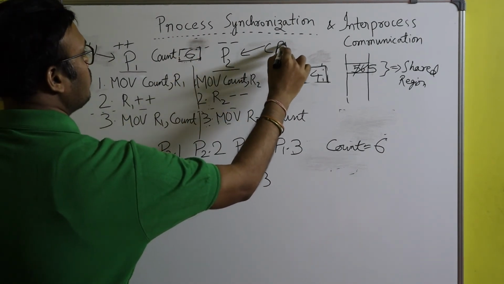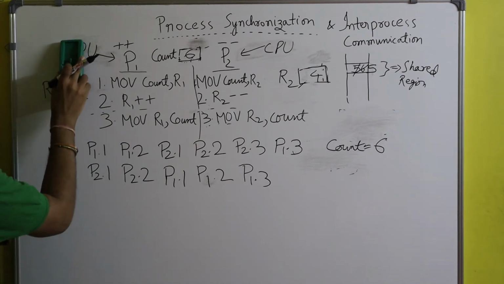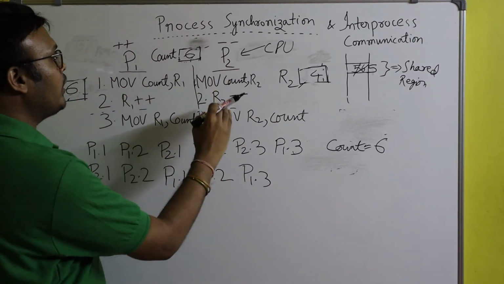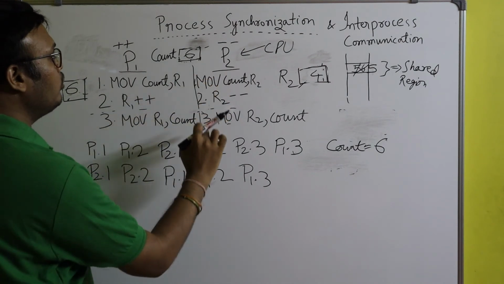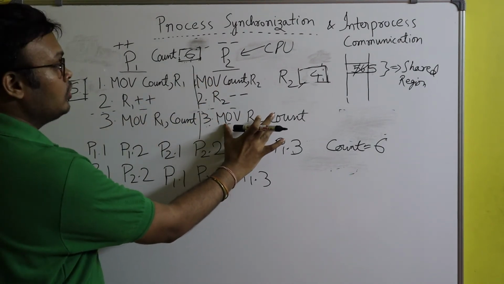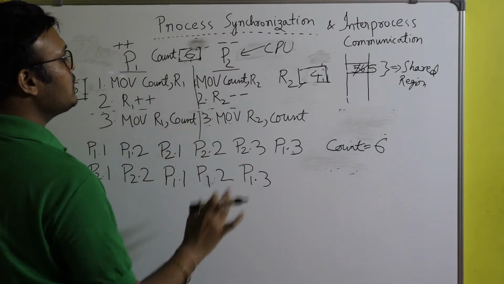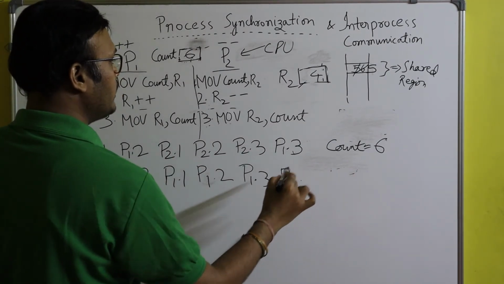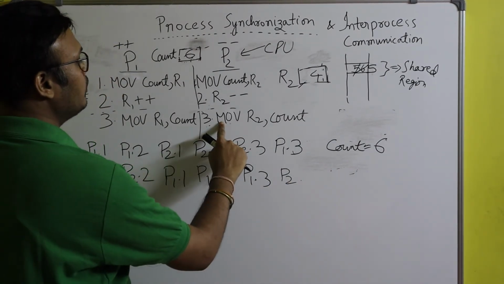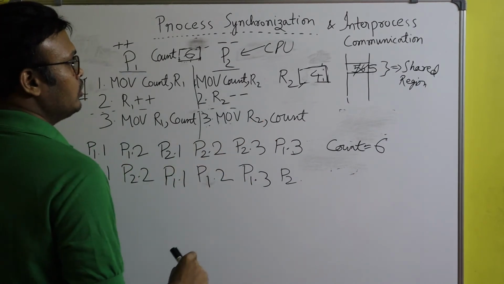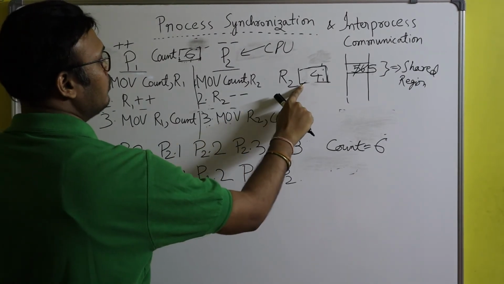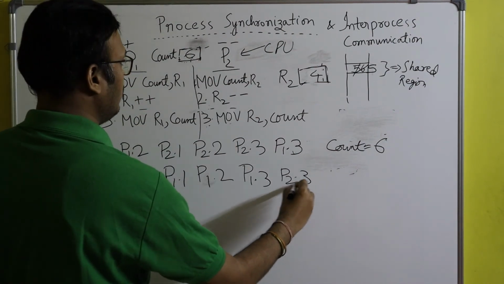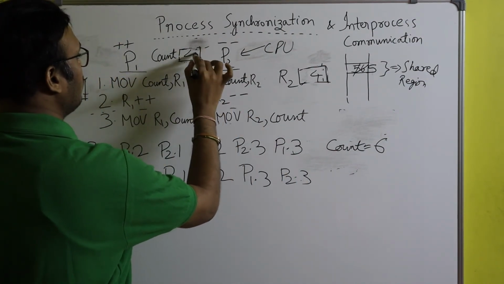So now the CPU is with process P2. Since P2 has completed its instructions 1 and 2, it will execute its third instruction, move R2 comma count. What's the value of R2? 4. Now it will be moved to count, and now count contains 4.